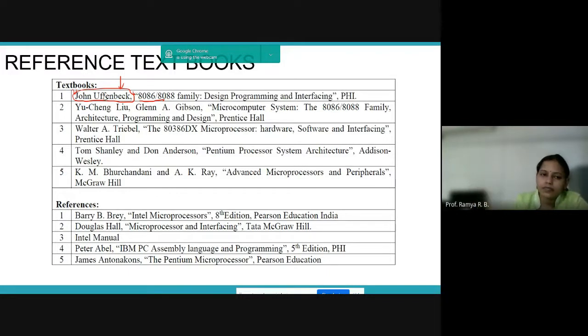So it is better to follow standard foreign author textbooks, because the terminologies that are used in a local author textbook and the terminologies used in a foreign author textbook will be drastically different. So you need to be at par with students from other countries across the world.